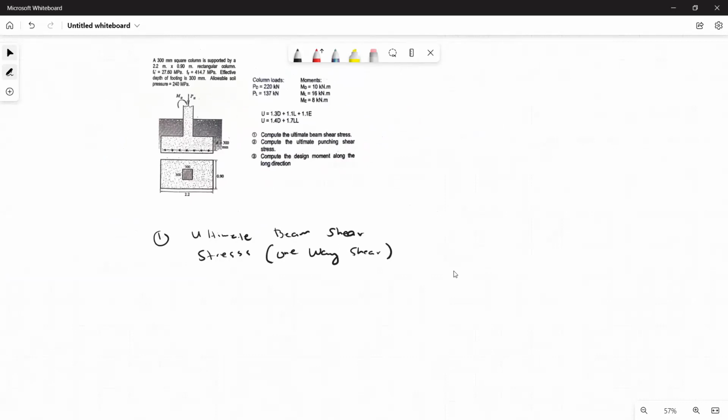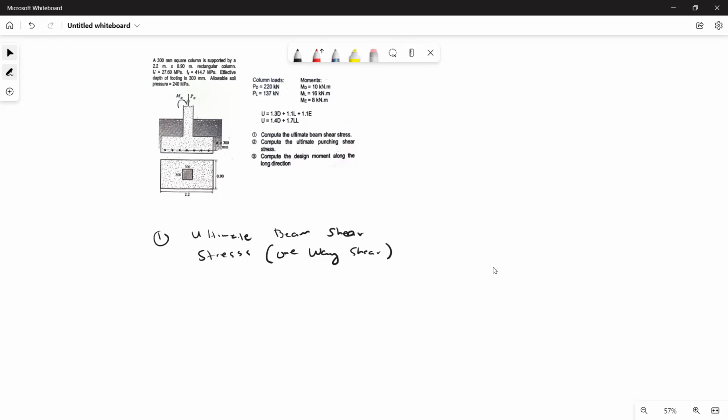Okay, so before we start, kailangan natin malaman yung governing loads and syempre kung ano yung pressure doon sa soil natin. Kasi di ba, if you recall, doon sa pagde-design natin, yung shear stress natin comes from VU sub W. And your VU sub W comes from your actual soil pressure multiplied by the shearing area, yung contact area dun sa ilalim.